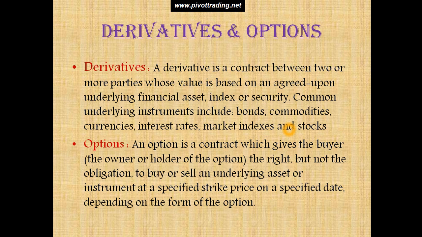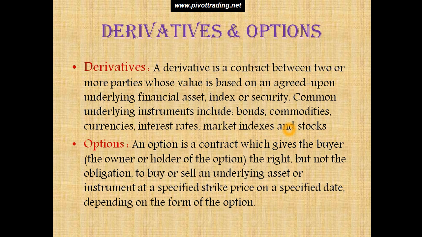In layman's terms, it's some kind of agreement between two parties, two institutions, two banks, or any two individuals who are trading, and this contract is about buying or selling a particular financial instrument at a defined future date.